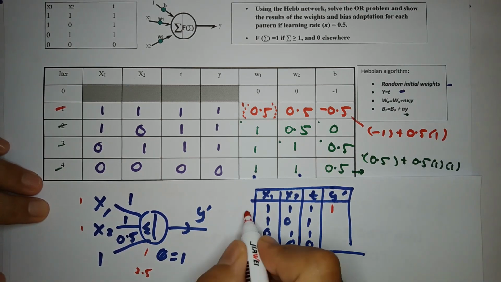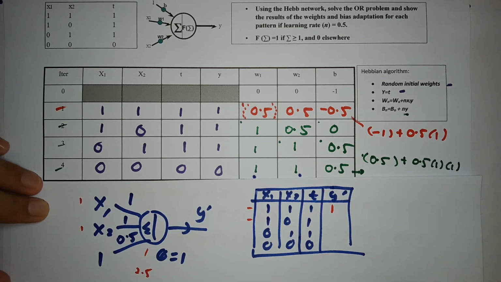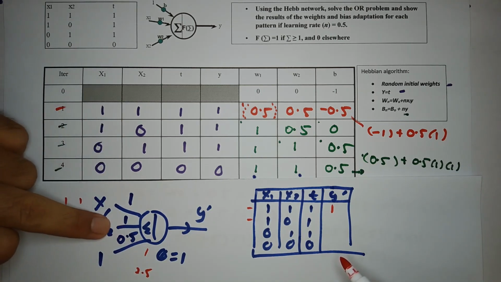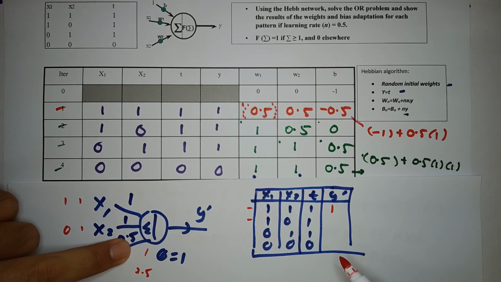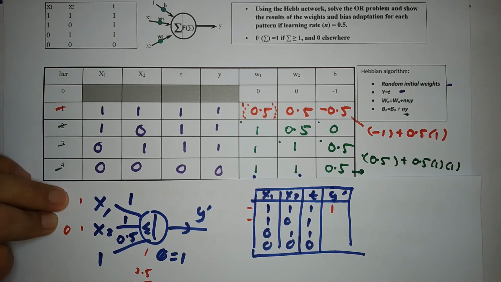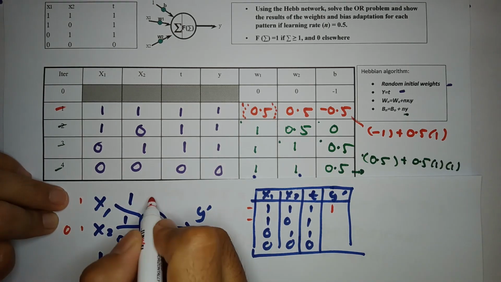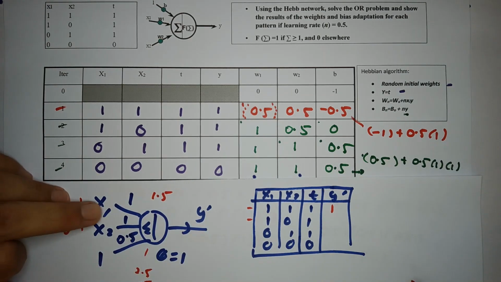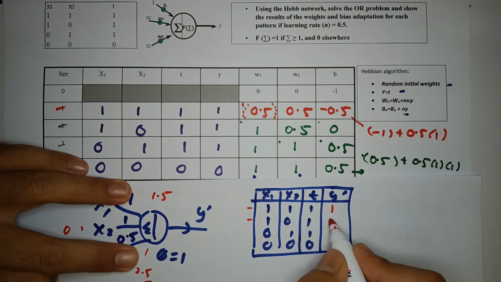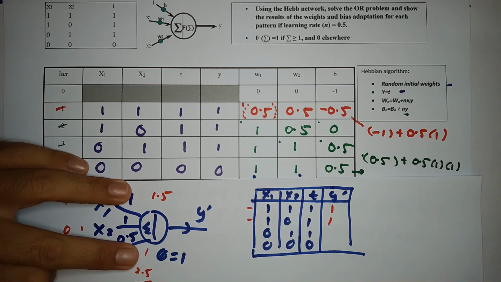The next part, we try the second case, which is 1, 0. If you feed the value, this will be 1, this will be 0, and then the bias will be 0.5. Which means the value for the second case will be 1.5. So 1.5 is greater than 1. For this particular case, it will be switched on, it will fire.